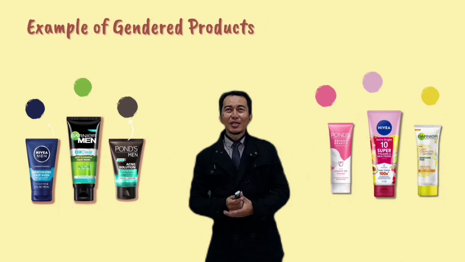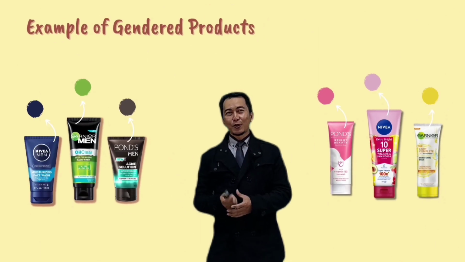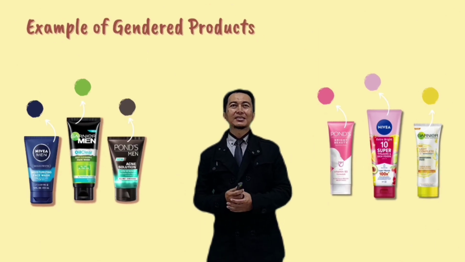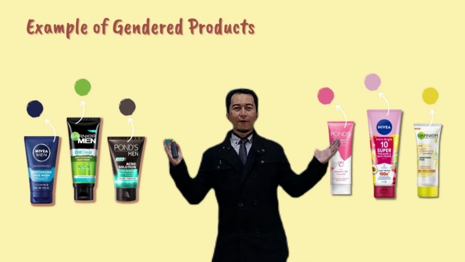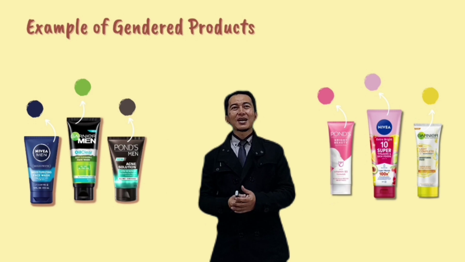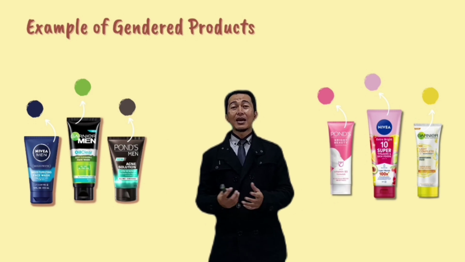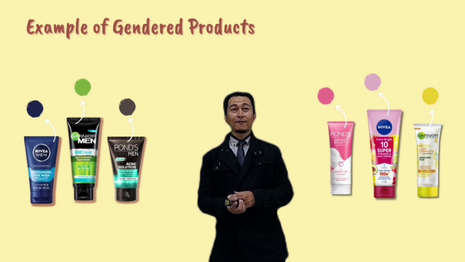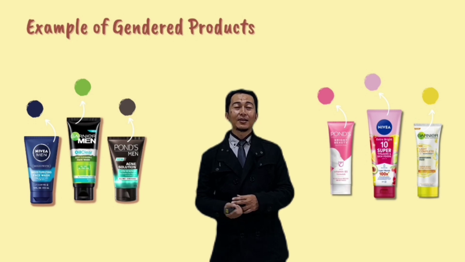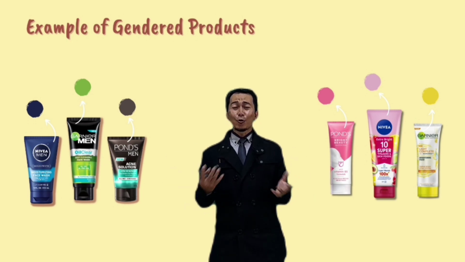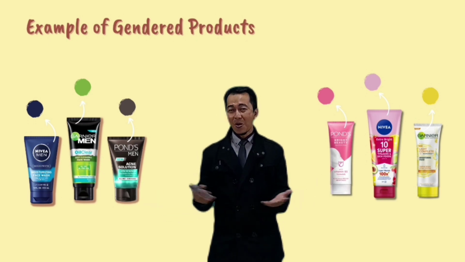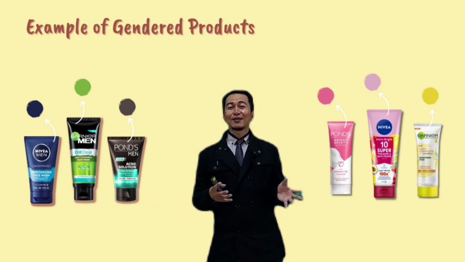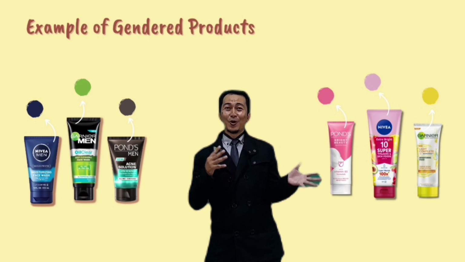Ladies and gentlemen, let's see the example of gendered products, men's and women's images in product packaging. We have here three products. The first is Nivea Men. This is Nivea. Probably in the past when I was a child, there was no Nivea or Garnier or Pond's, because cosmetics would be for women.